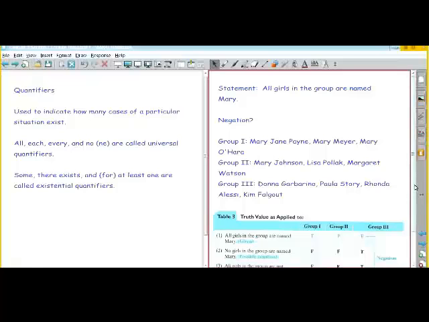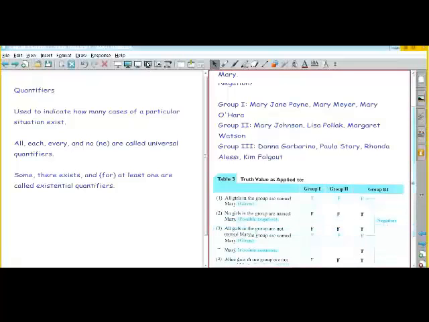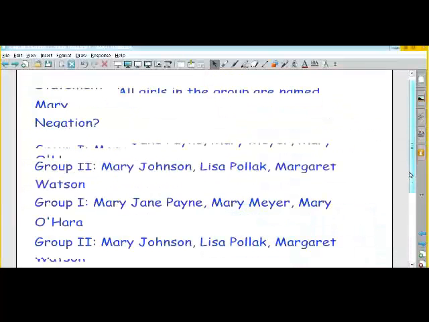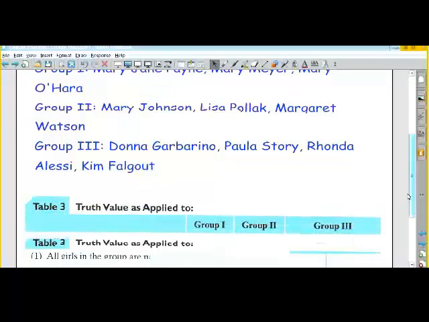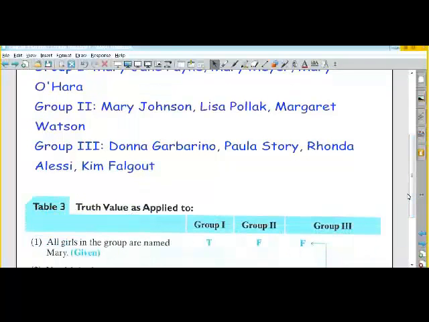So if you look in your book, what you'll see is this table. And I'm going to put this on one page so you can see it better. So we originally look at the statement, all girls in the group are named Mary, and then we look at the groups and say, is that true or not? The first case, group 1, they're all named Mary.